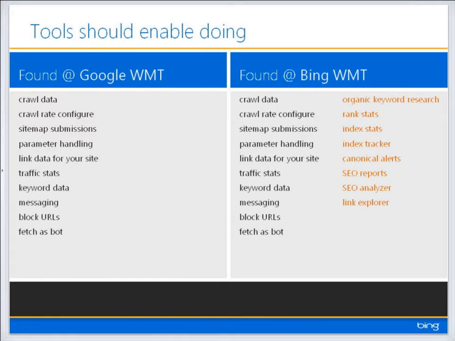But you will find some things available through Bing Webmaster Tools that do not exist in our competing products. Specifically, we have an organic keyword research tool. We give you detailed ranking stats. We have great information on indexing in our system. We've got the index tracker, which allows you to see how we actually have you listed inside our index and which pieces of content. We send out canonical alerts.